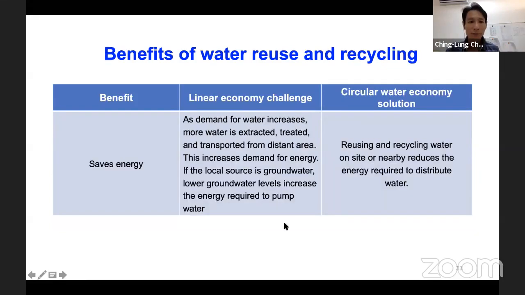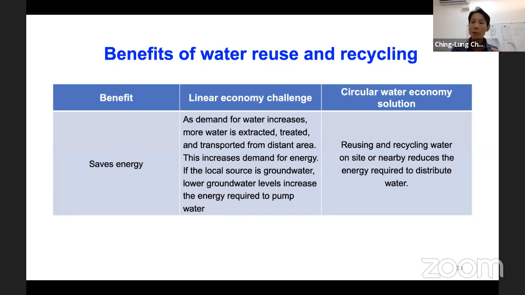Okay, the next one is saving energy. For the circular water economy, reusing and recycling water on site or nearby reduces the energy required to distribute water. Because when wastewater is treated in a wastewater treatment plant, the plant needs to discharge and distribute the water to all the places.